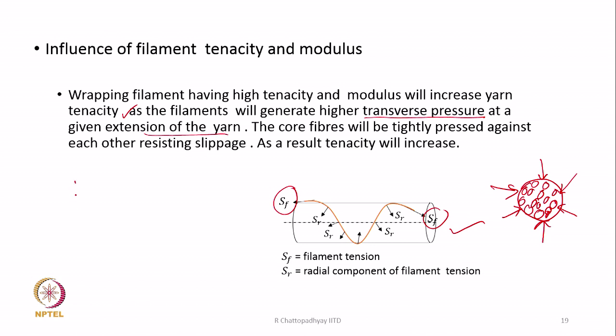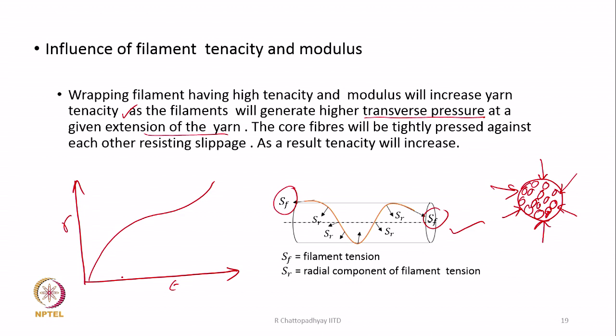See, if we plot the load elongation diagram of a filament which is used to wrap it, typically the diagram could be like this. This side is elongation or strain and this side is stress.